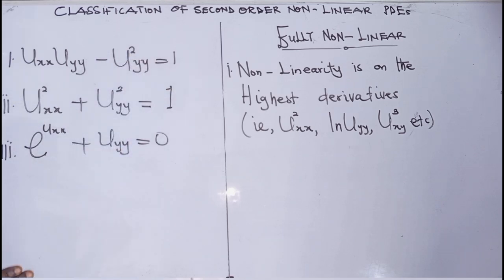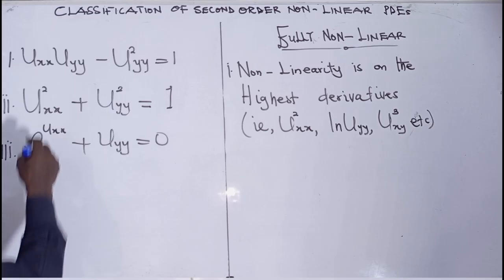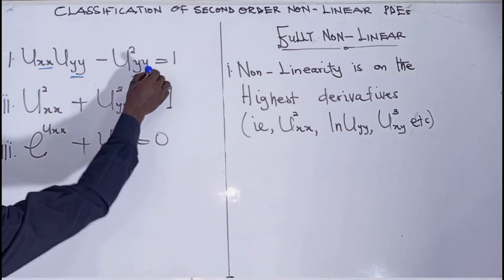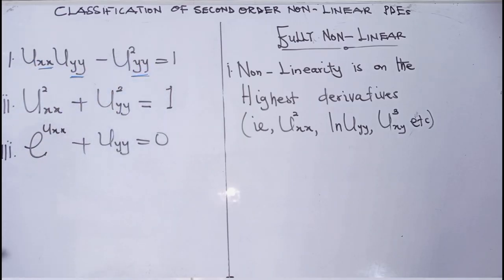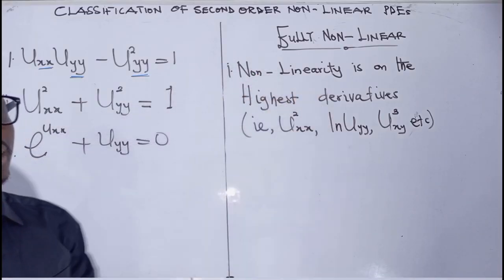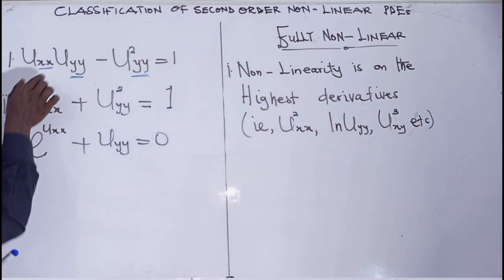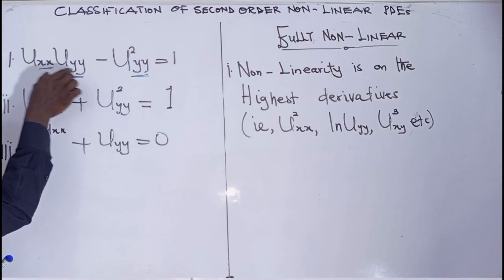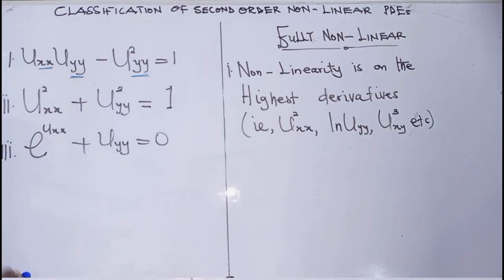As I said, the first thing to do is to identify your highest derivatives within that equation. We have this and that, and we also have this and that. The nonlinearity is on the highest derivative, and you can see that we have two highest derivatives multiplying. Whenever you have two highest derivatives multiplying, it becomes what? A nonlinear PDE. And the type of nonlinear PDE is what?